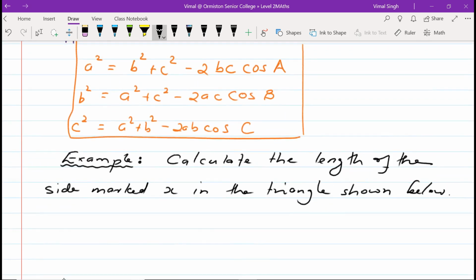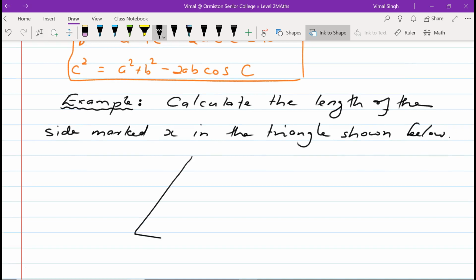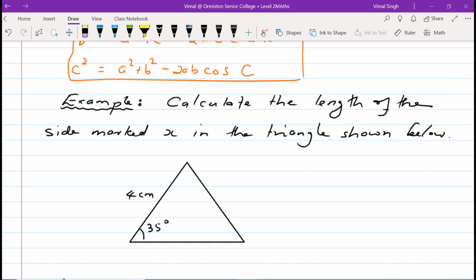Okay, so what I'm going to do is draw a triangle here. I'm going to label theta over here as 35 degrees. Let's say this is going to be 4 centimeters there. Let's change this to 25, I'll just change it to 25 degrees.